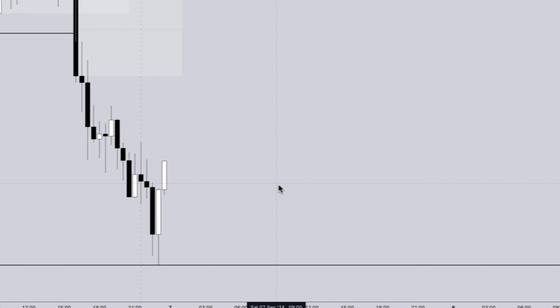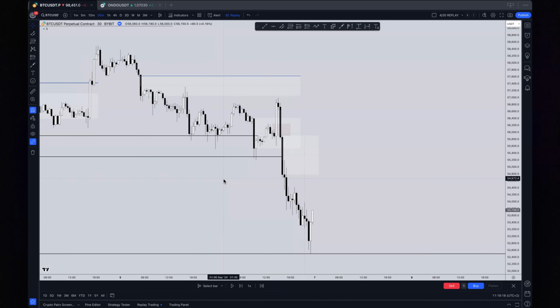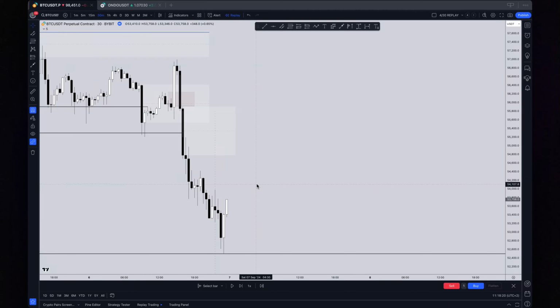So that's not bad. That's like, you know, if that R is 1%, that's 7% in 2 weeks, roughly, a little less than 2 weeks.